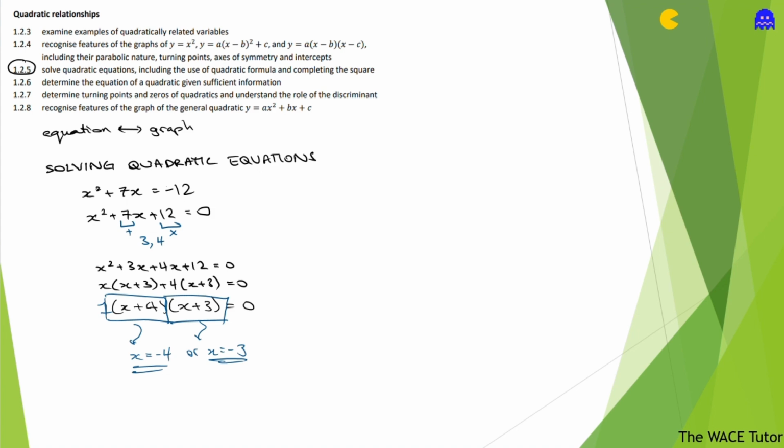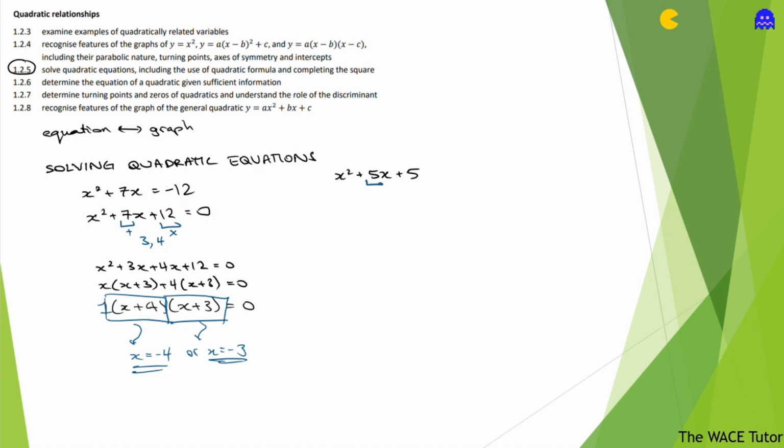Now, the thing is, you might have a little bit more difficulty with solving an equation, and that can come in the form of having these two numbers here not being easily identifiable. So, for example, maybe you've got something like x squared plus 5x plus 5.